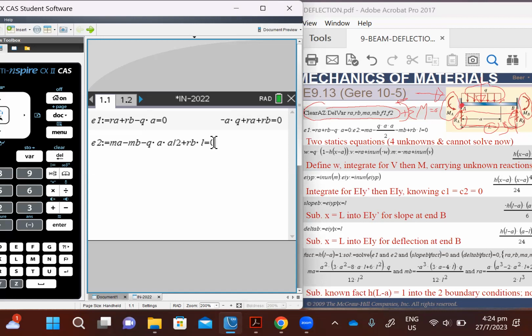That finishes building the equation. Of course, we cannot solve these two equations at this time because we actually have 4 unknowns. So let's continue as usual with our integration for bending moment and deflection, carrying those unknowns with us.